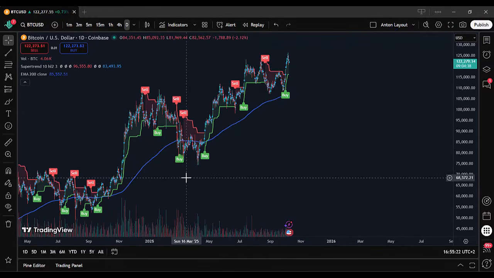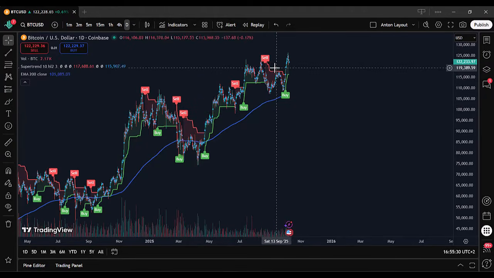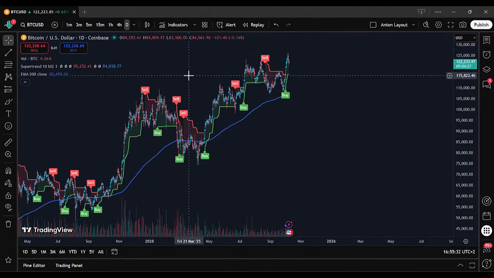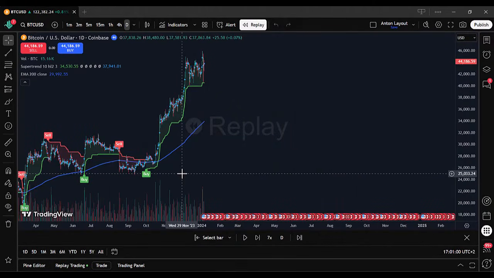Another nice thing with the Supertrend indicator guys is it gives you the ATR, so the average true range, indicated with the green here and indicated with the red here. So now you're thinking, what's the ATR? I'm gonna explain it. It gives you a clear indicator when to enter a trade based on the volatility of the market.